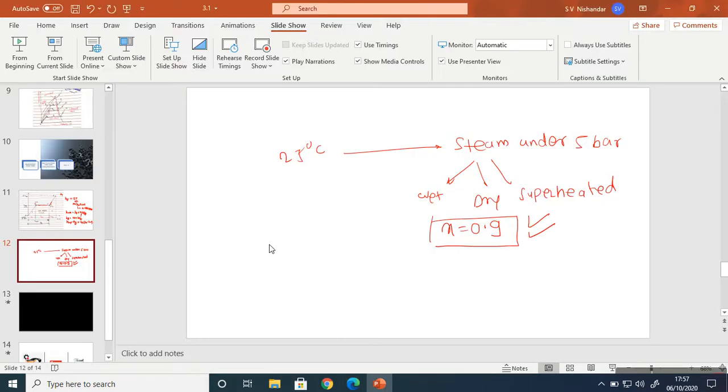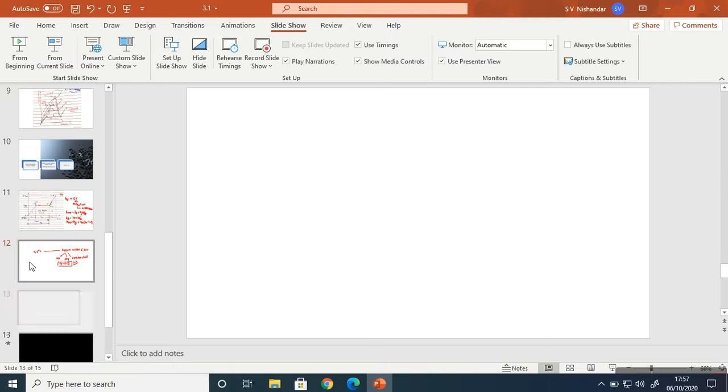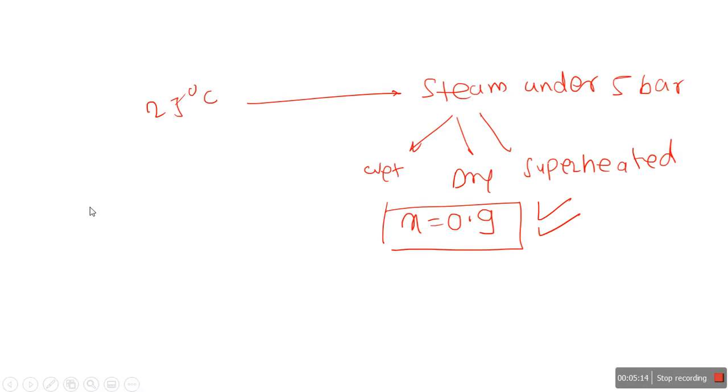So while solving the numerical, the initial condition of water is 25 degrees Celsius, and that water has to be converted into wet steam under 5 bar.